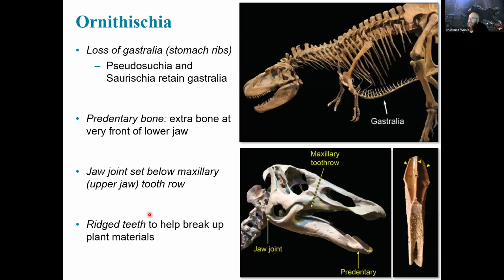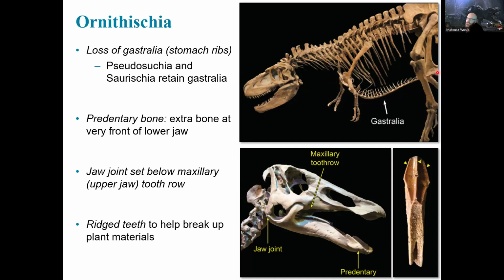Another characteristic is gastralia, so stomach ribs. Weird, right? Ornithischians don't have these gastralia. In this image of Tyrannosaurus rex, which is a saurischian, they have the various ribs that all dinosaurs have and most animals do, and then an additional set of stomach ribs just underneath, called gastralia.